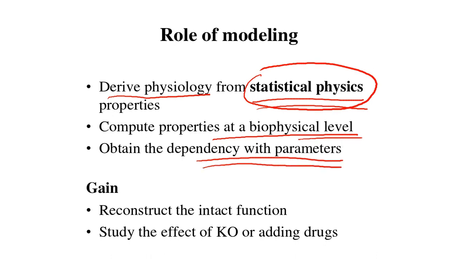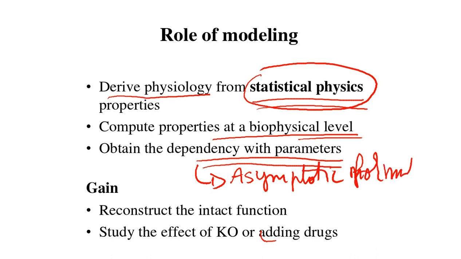And this can be done using asymptotic formulas that can be obtained from mathematical analysis. So we have already said we would like to reconstruct the intact function and to study the effect of a knockout or the effect of adding specific drugs.